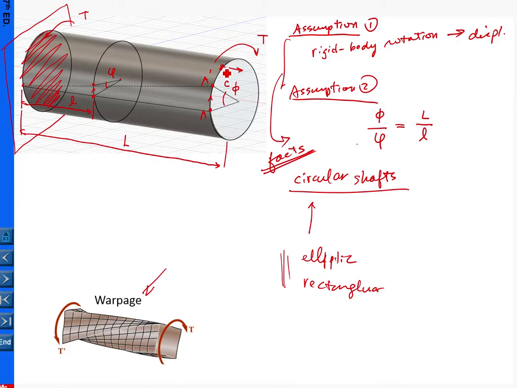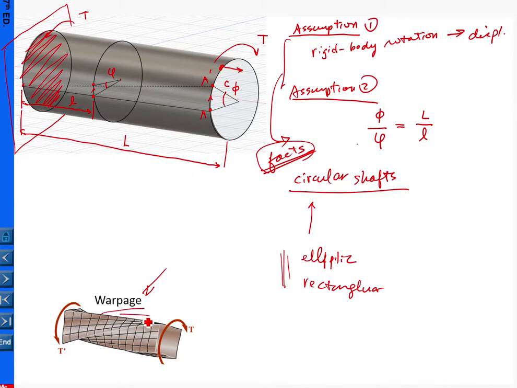For a circular shaft, we know all the points will be displaced in plane, in the circular cross-sectional plane. They won't be able to displace out of plane. Any displacement out of the plane of the cross-section, or in the axial direction, is called warpage.